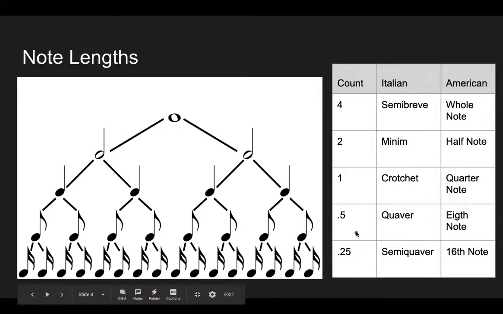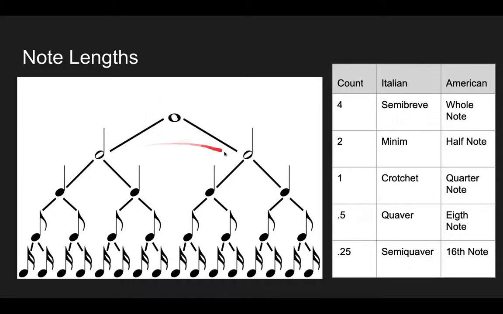So this is how it works. Here's the table. There's the minim, and the big whole circle, the semibreve. 2 minims equal a semibreve, and 4 crotchets equal a semibreve, or 2 minims. So it's fractions. It is maths. Then we have quavers: 8 quavers equal a semibreve, 4 quavers equal a minim, or 2 quavers equal a crotchet.